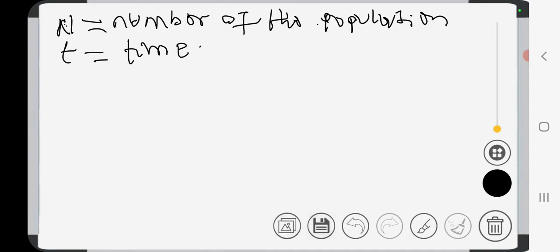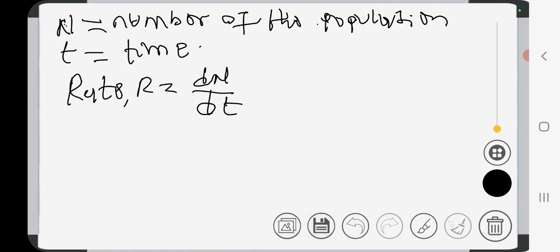So the rate of change with respect to time is going to be dn/dt, and then we are told it's proportional to the initial population, which is the number of the population.